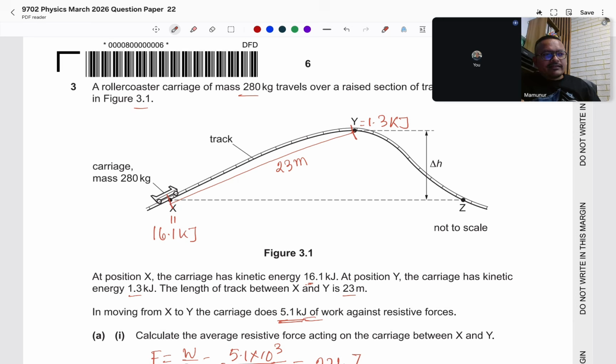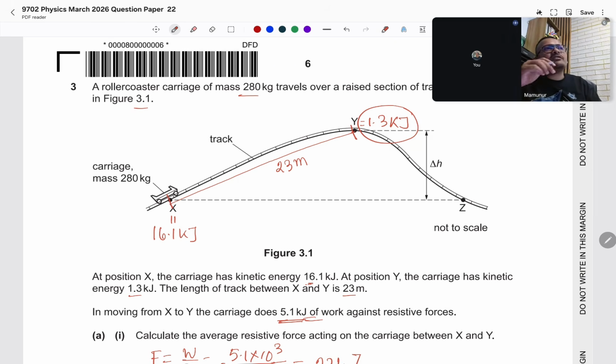And in the middle, the lost energy is 5.1 due to work done. That I need to subtract from the initial kinetic energy, I need to subtract the total work done. And I have 1.3 kilojoule energy left here.